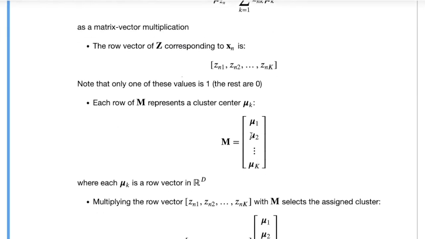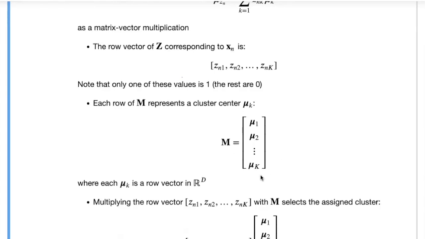So we can put all these cluster centers or representatives in the rows of a matrix called M. So this M is a matrix that contains cluster centers mu_1, mu_2 to mu_K. So this matrix has K rows, and the number of columns is the dimensionality of these cluster centers, which is D. So M here is K by D.